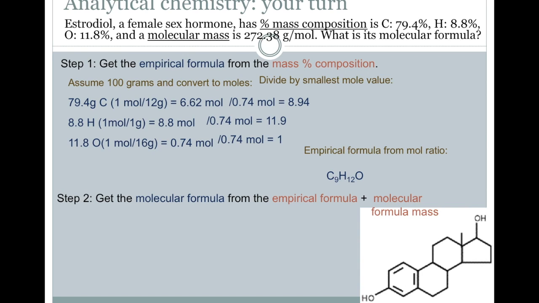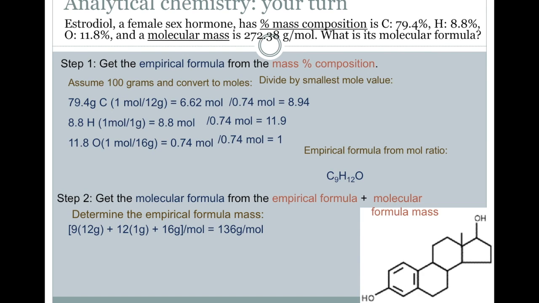Now, if you did this in the lab and were sloppy about measuring, you might not get a whole number, and it'd be hard to figure this out, but hopefully an analytical chemist will have very precise values, and they will end up with a whole number. So the empirical formula is C9H12O, and we do the same thing again, where we determine the empirical formula mass.